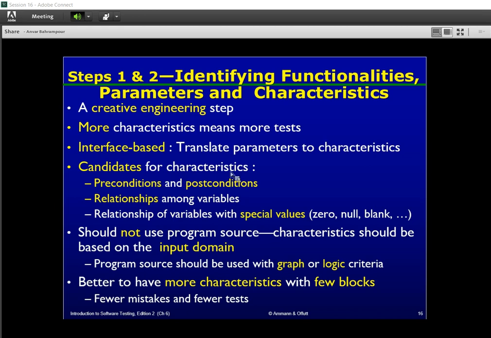So candidates for characteristics in the interface-based approach are the relationships among input parameters or input variables, and the relationship of variables with special values, as I said.